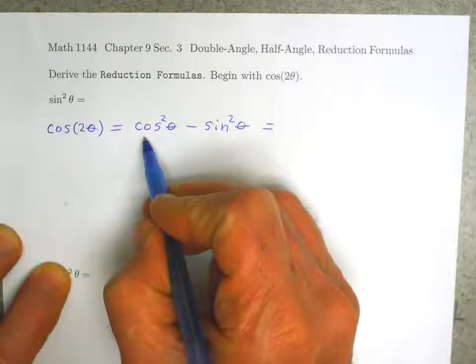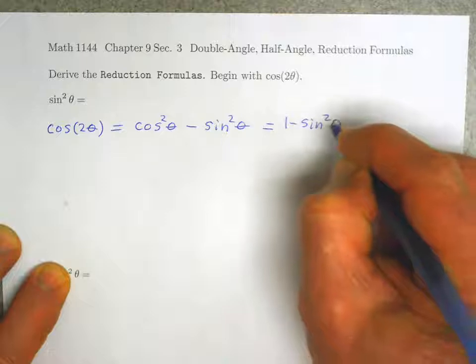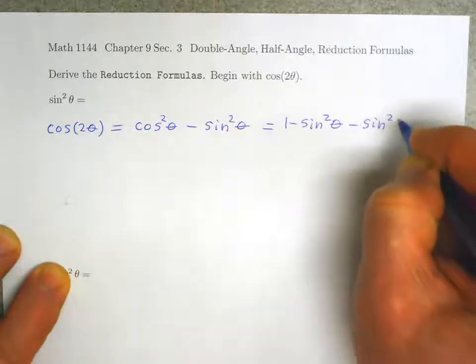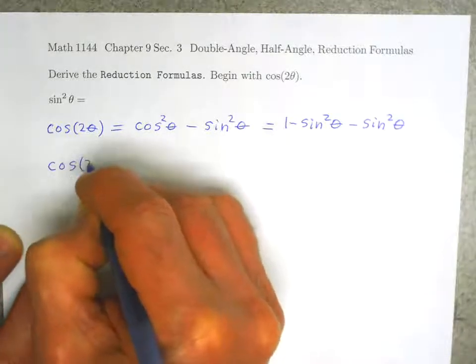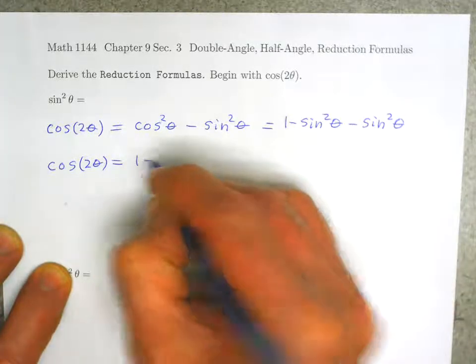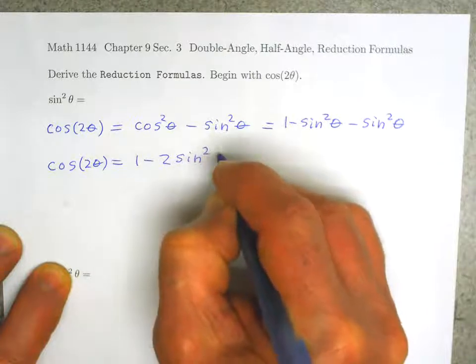So we have cosine of 2 theta equals 1 minus 2 times sine of theta squared.